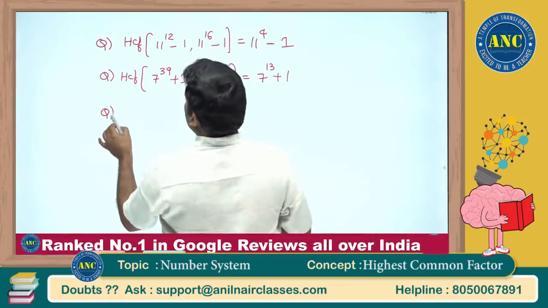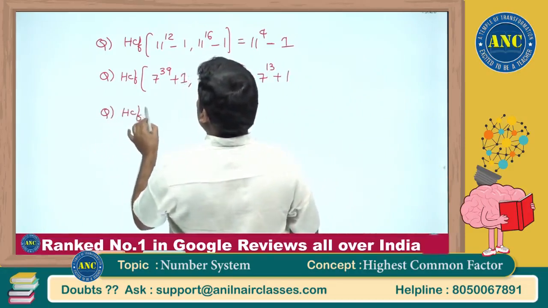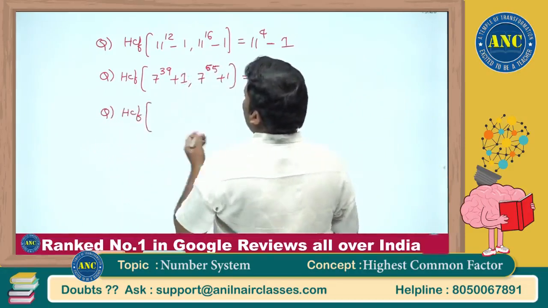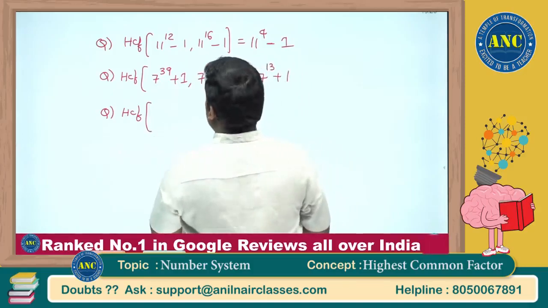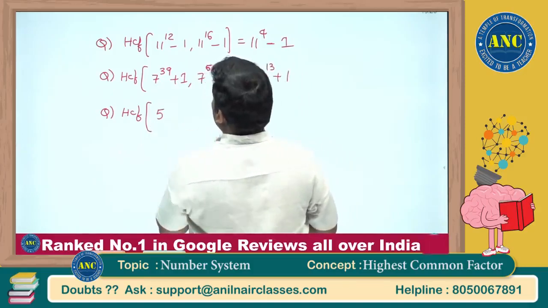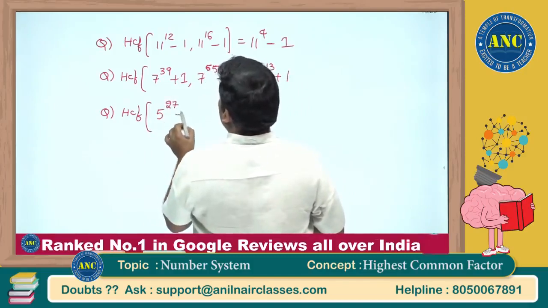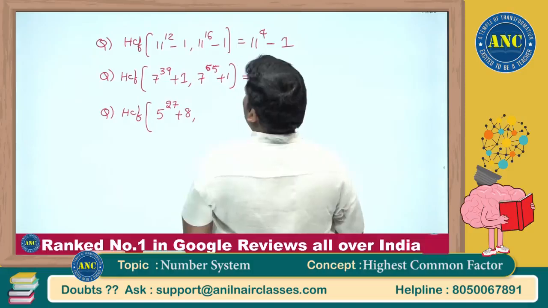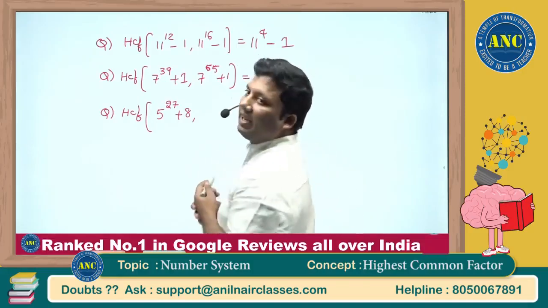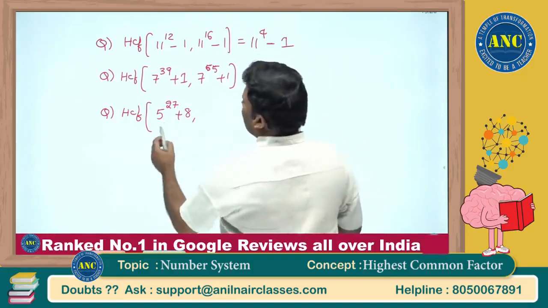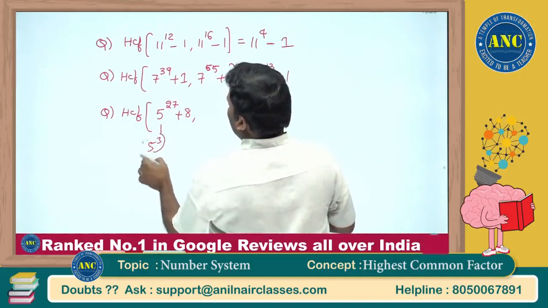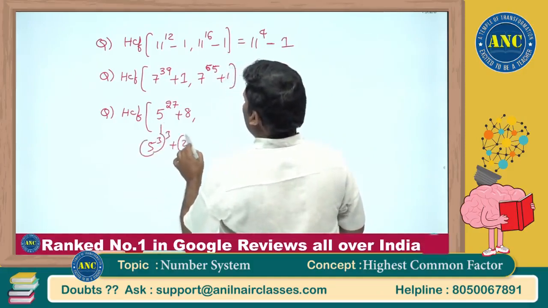Next one, HCF of, for example, 5 power 27 plus 8. I hope it is clear. This can be written as a cube plus b cube.